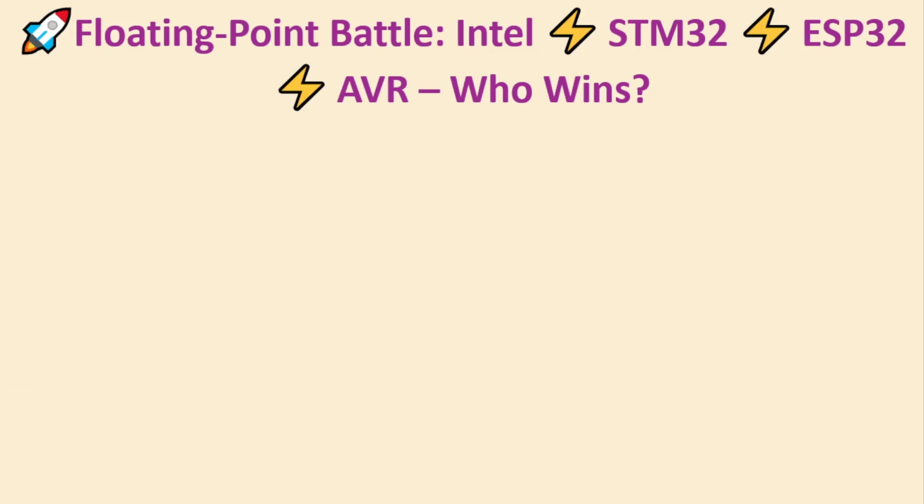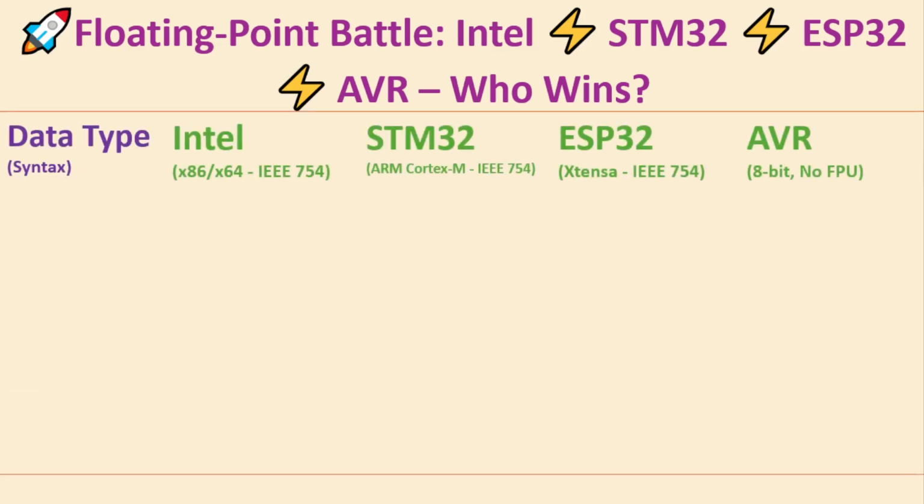Floating point numbers are stored according to the IEEE 754 standard. If you are interested in learning more about this standard, leave a comment and I will explain it in future videos.